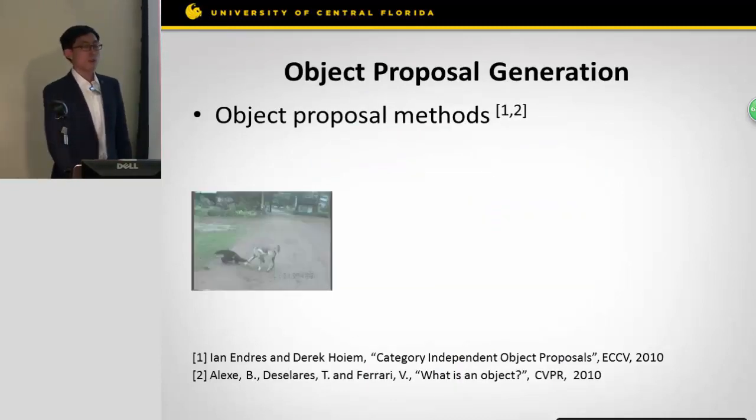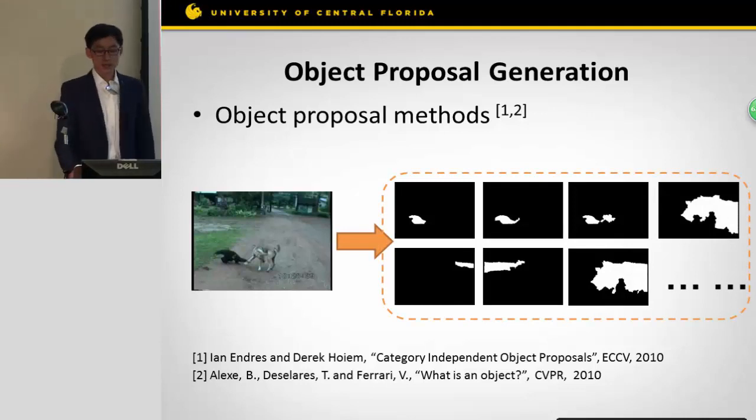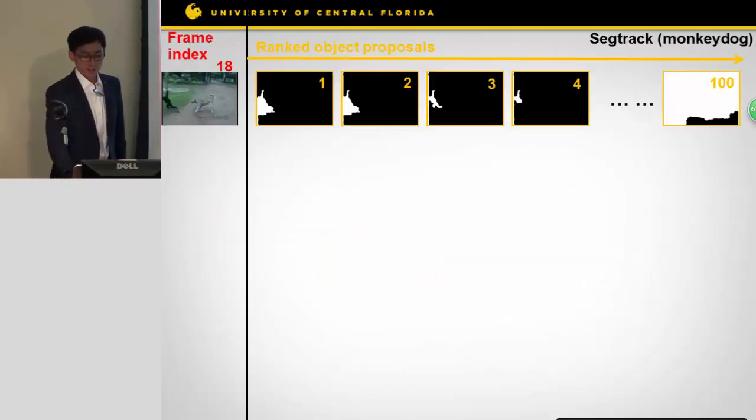The object proposal method can generate some candidate regions for the foreground moving object. In this video frame, we can generate so many object proposals, and we can assign an objectness score for each of the object proposals here.